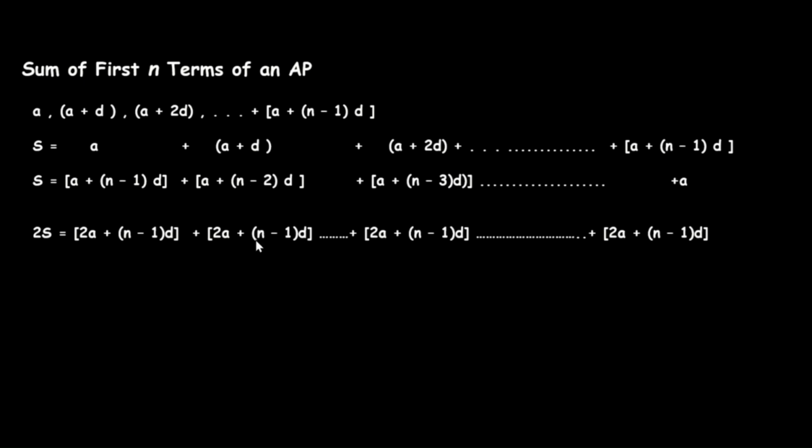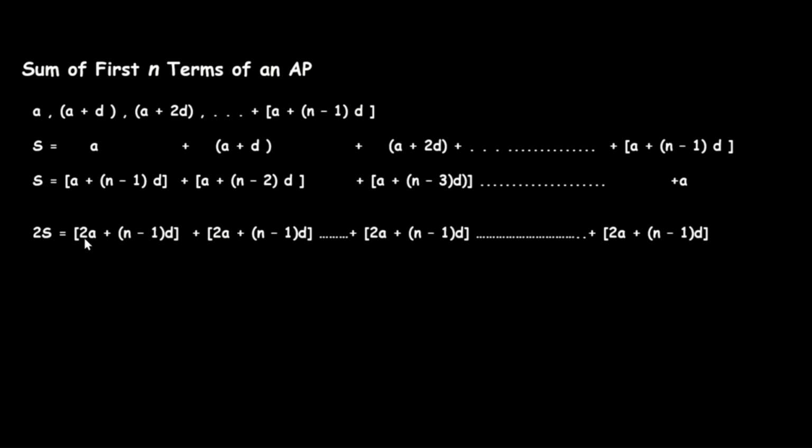If we expand and simplify, we get (n minus 2)d plus d as (n minus 1)d. Similarly, adding the third term to the third term, we get 2a, and if we add (n minus 3)d to 2d, we get (n minus 1)d, and so on. Now adding the nth term to the nth term, a plus a, 2a, and (n minus 1)d as it is.